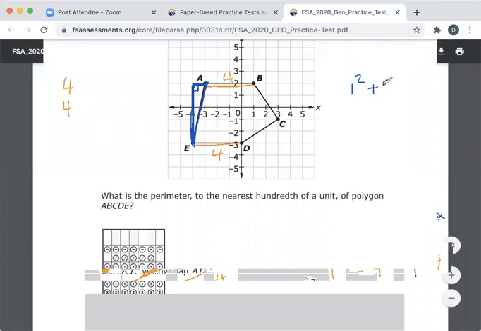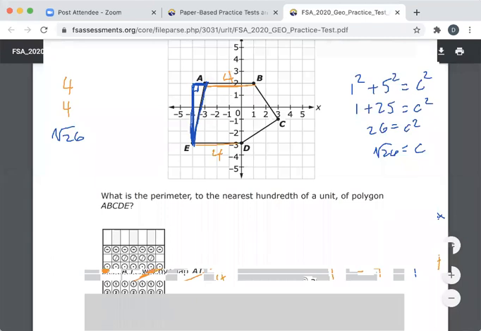So that's 5. So 5 squared equals c squared. So 1 squared is 1, 5 squared is 25, equals c squared. So 1 plus 25 is 26 equals c squared. Square root of 26 equals c. So square root of 26. I'm probably going to need to figure that out on a calculator.